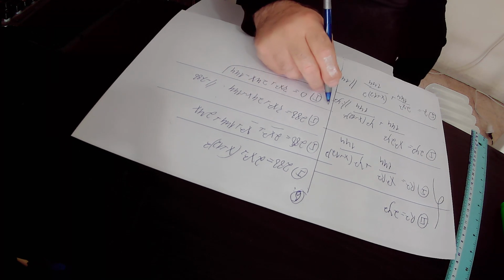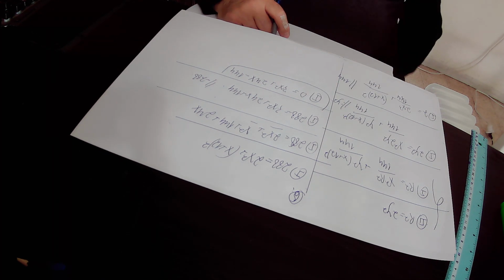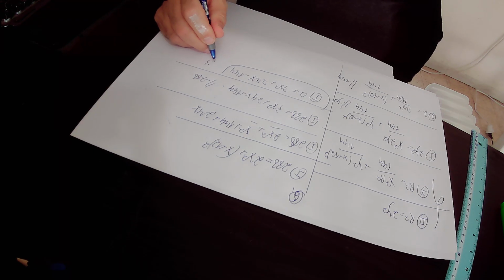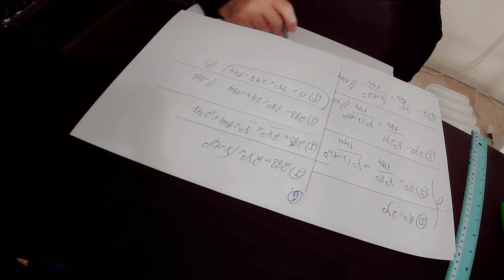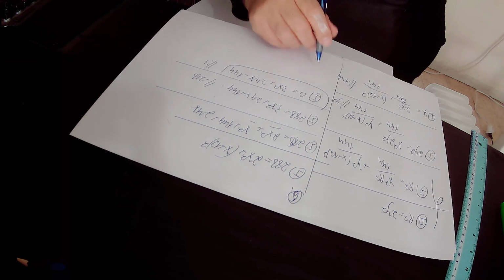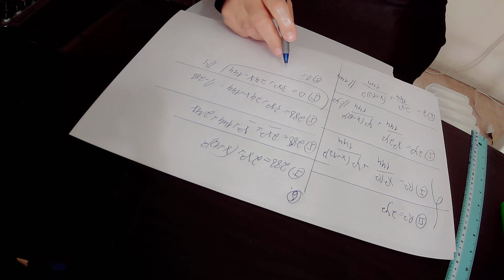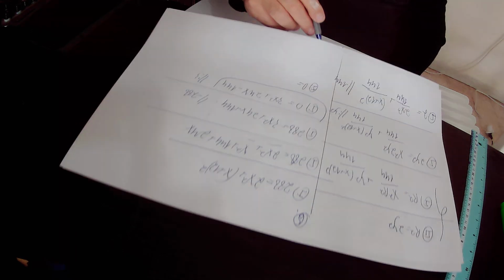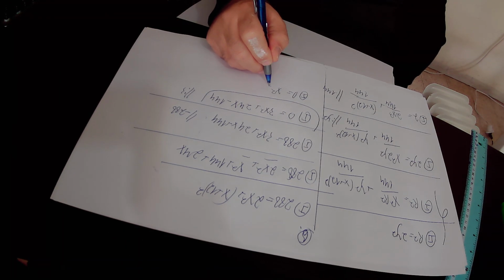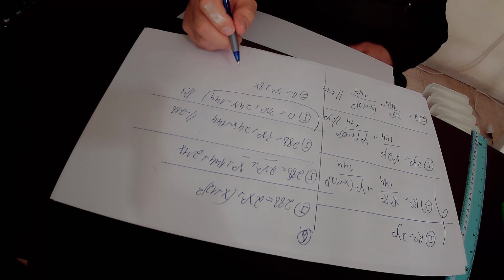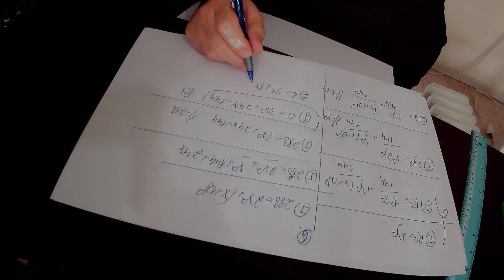So 0 equals 3x squared plus 24x minus 144. So here we divide this quadratic equation by 3, and you get that 0 over 3 is 0, and it equals 3x squared over 3 is x squared, plus 24x over 3 is 8x, minus 144 over 3 is minus 48.